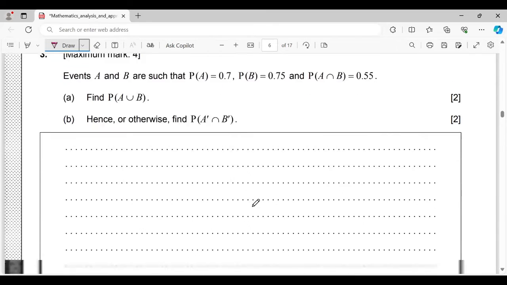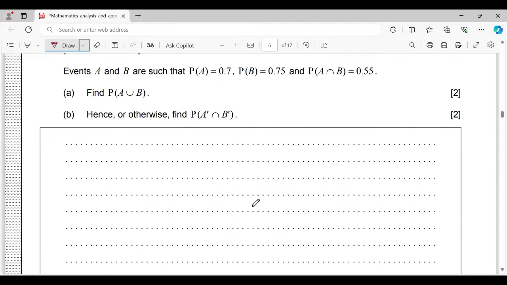Number 3, events A and B are such that probability of A equals 0.7, probability of B equals 0.75, and probability of A intersection B equals 0.55.